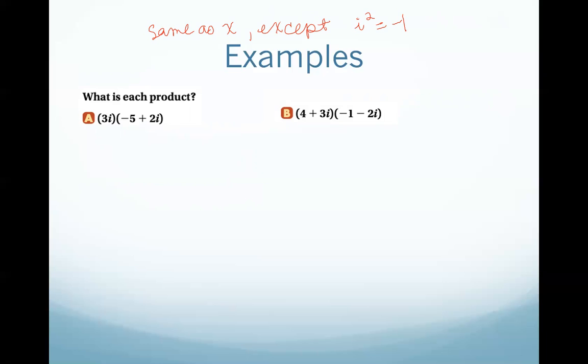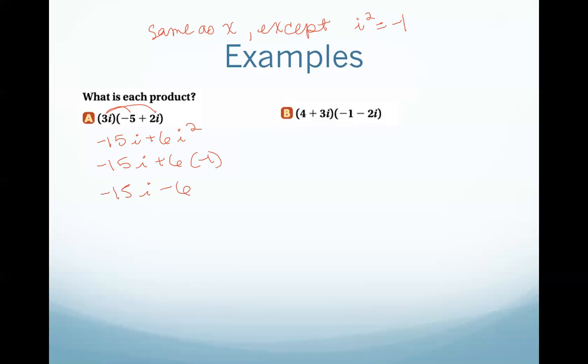So if this was an x, I would distribute. 3 times negative 5 is negative 15i. 3 times 2 is a positive 6i squared. Now, if this was x, we would be done, but it's not x. So I'm going to change that i squared into a negative 1. Negative 15i minus 6.